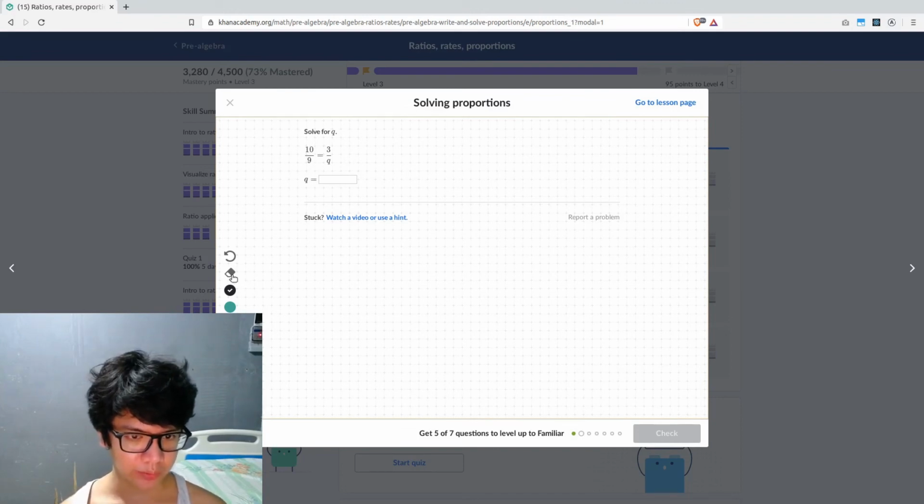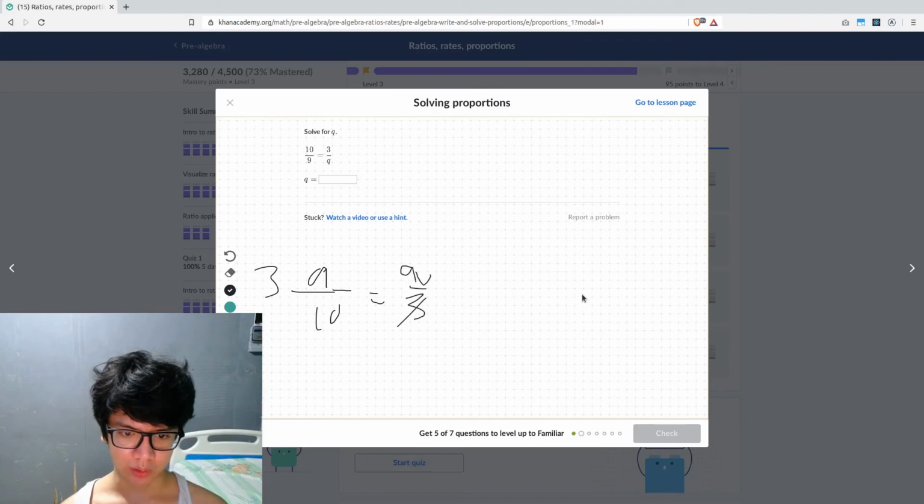So, I guess we could reverse the same thing. We could do 9 over 10 equals Q over 3. Multiply both sides by 3. We get 27 divided by 10. That's 2.7.